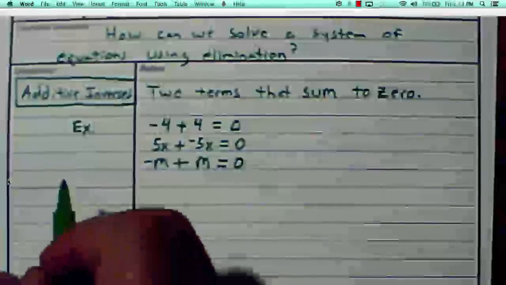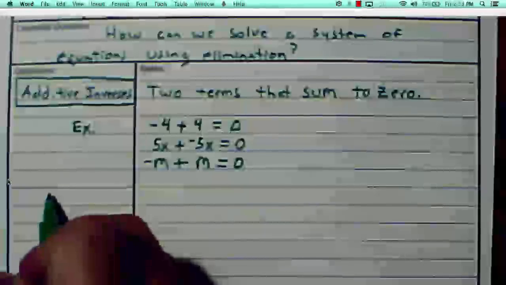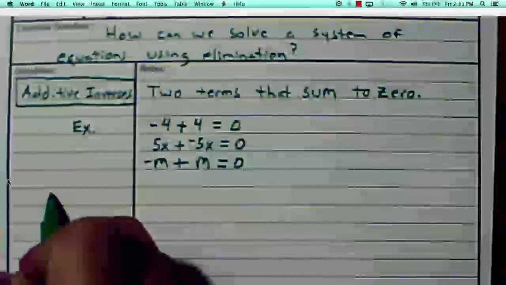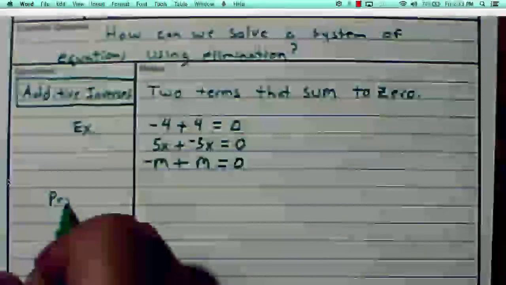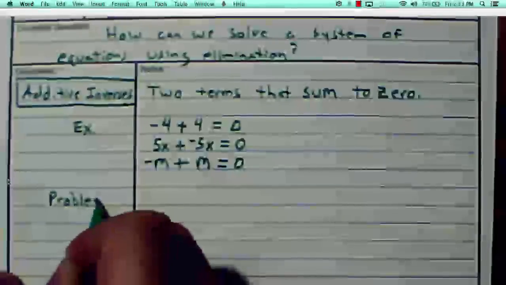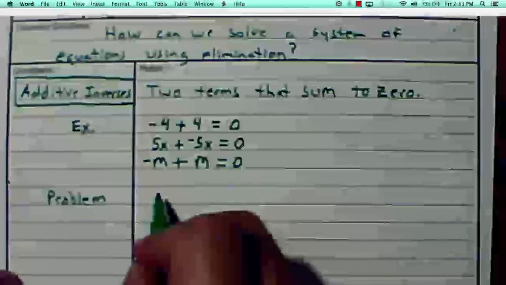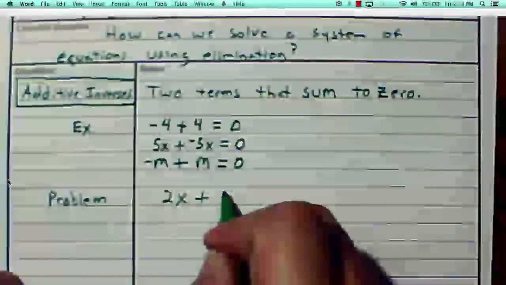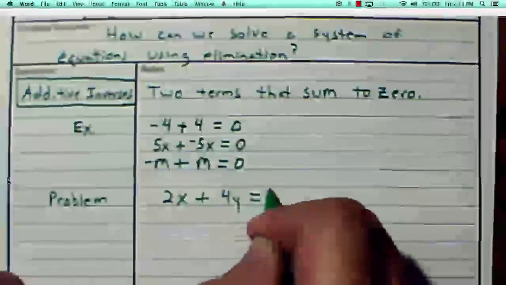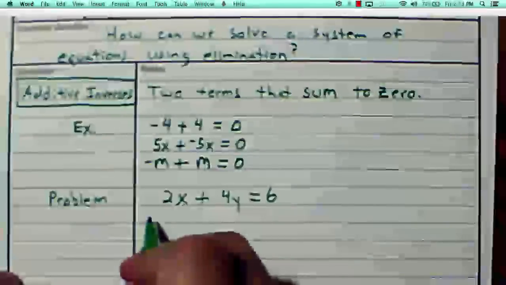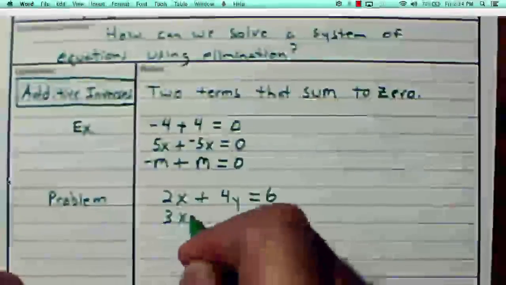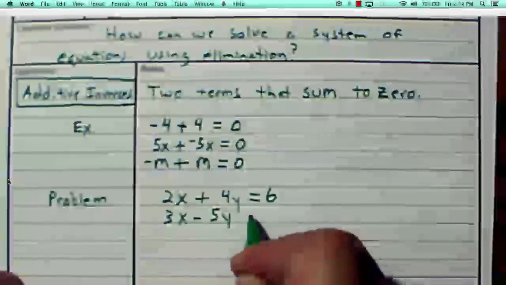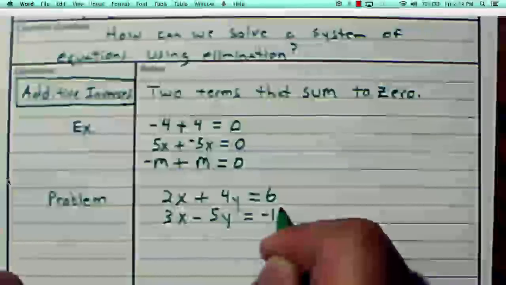So, let us look at a system of equations that we can solve with the elimination method. Problem: 2x plus 4y equals 6. 3x minus 5y equals -13.